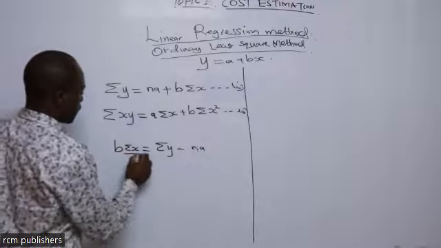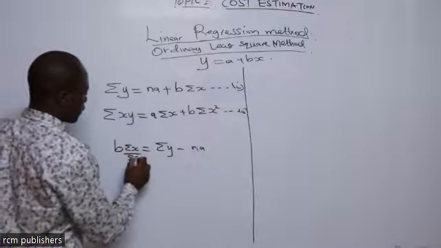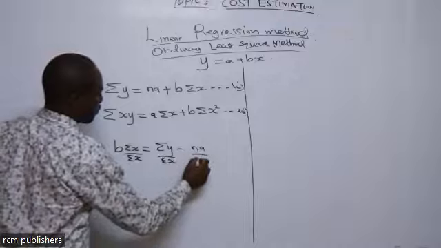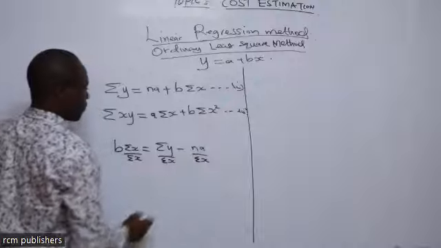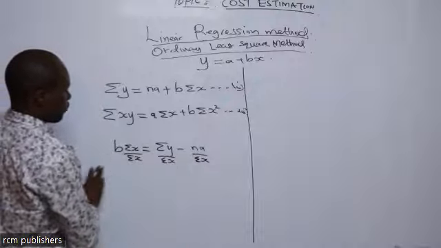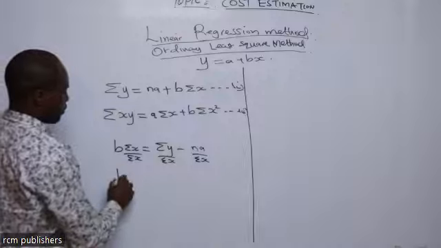We divide both sides by summation of X. So that is the value of B. That is the first B.